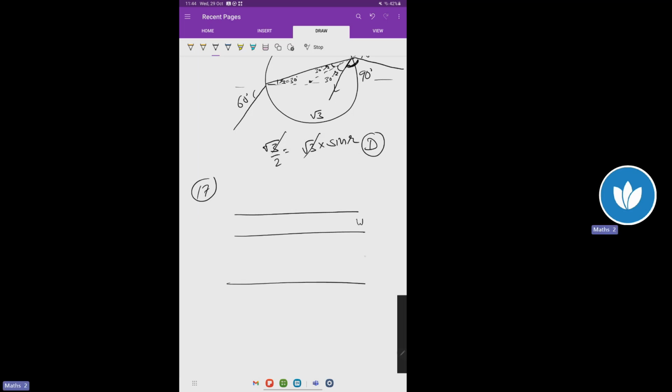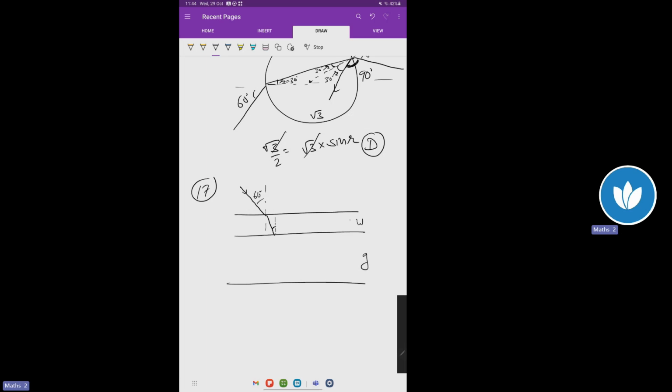This is water film, this is glass, and it is incident at angle 60 degree. Then we need the angle of incidence at the glass surface.